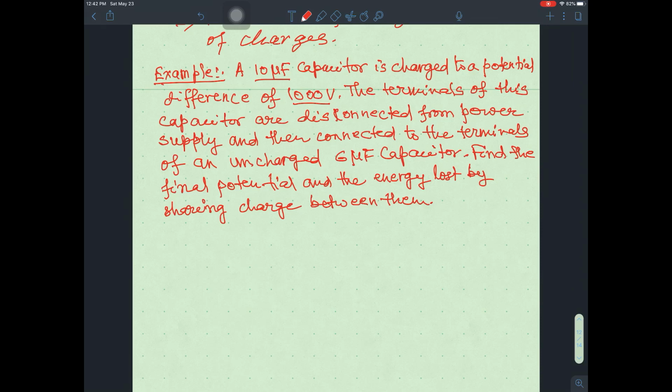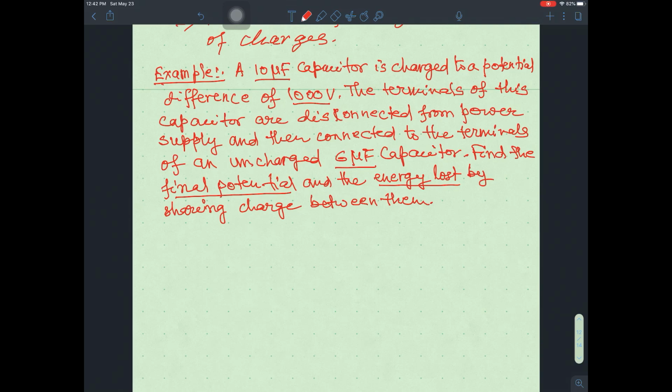The terminals of this capacitor are disconnected from the power supply and then connected to the terminals of an uncharged 6 microfarad capacitor. Find the final potential, that is the common potential, and the energy lost by the sharing of charge between the capacitors.